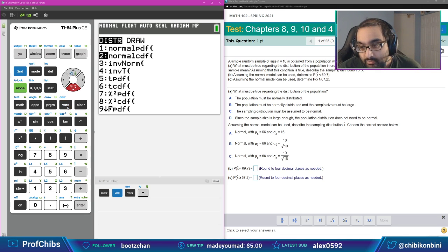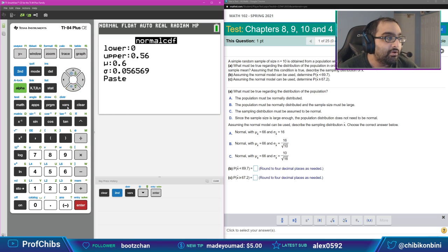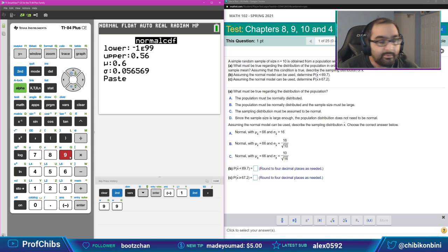Okay, so remember we go back to normal CDF. We have a lower and we have an upper. Our upper value here is x less than 69.7. Remember we used this a long time ago, but we're going to use -1, second and the comma key to get that little letter E to the 99 power, right?